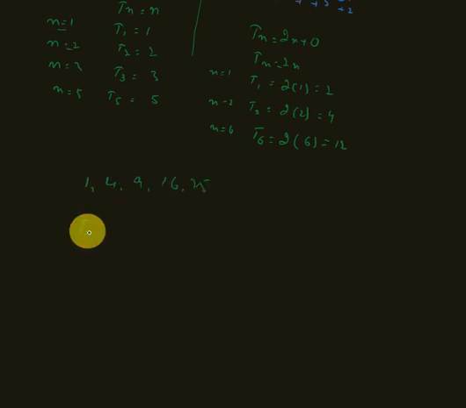So we can write the formula Tn is equal to n squared. So when n is equal to 1, T1 is equal to 1 squared, and it becomes 1. When n is equal to 2, T2 is equal to 2 squared, 4, and when n is equal to 3, term 3 becomes 3 squared, which is 9.